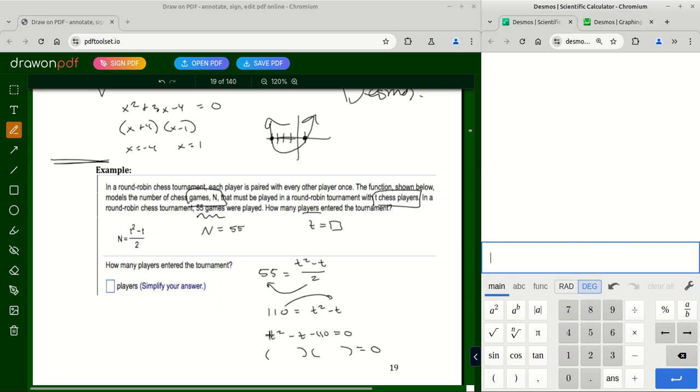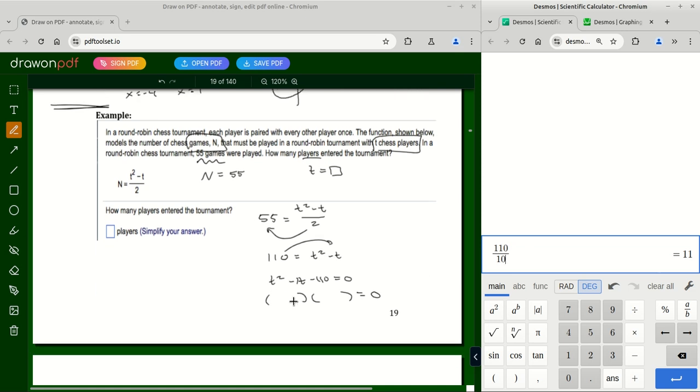Because essentially there's a 1 right there in the middle. 110 divided by 10 is 11, so 10 and 11. To make that -1 right there, this is going to be a -11 and then a +10. And again, you can FOIL and factor and whatever else. It works. And so my answers are 11 and -10. We did it!